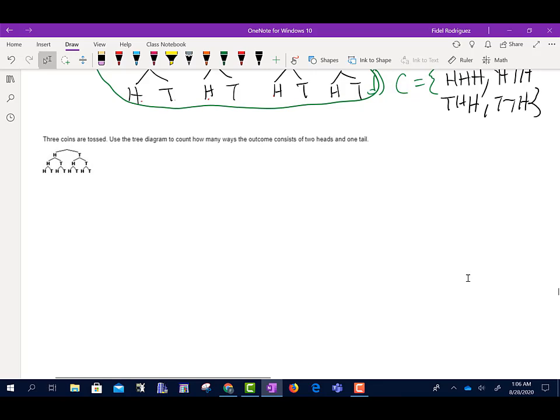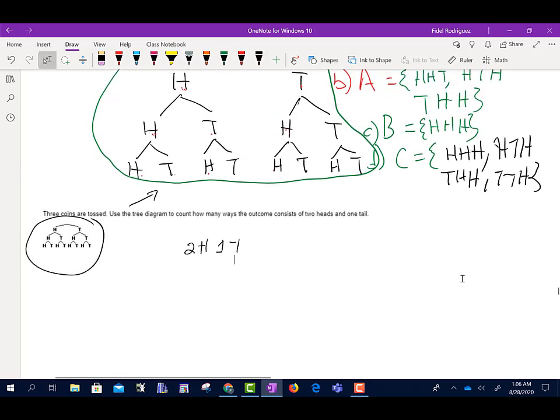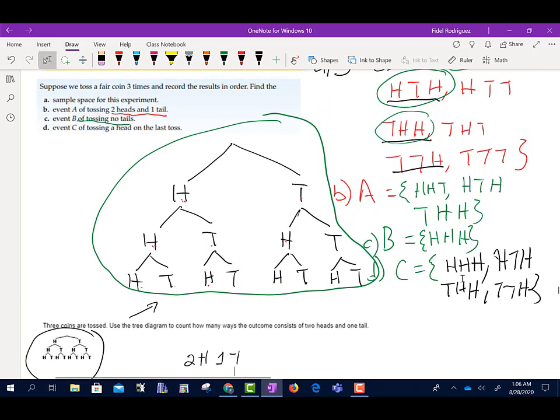And it says 3 coins are tossed. So I want you to notice here is the same tree diagram that we drew over here. It's just a whole lot smaller. Use the tree diagram to count how many ways the outcome consists of 2 heads and 1 tails. Okay, 2 heads and 1 tails. You know what? I'm actually going to use my sample space from up here.